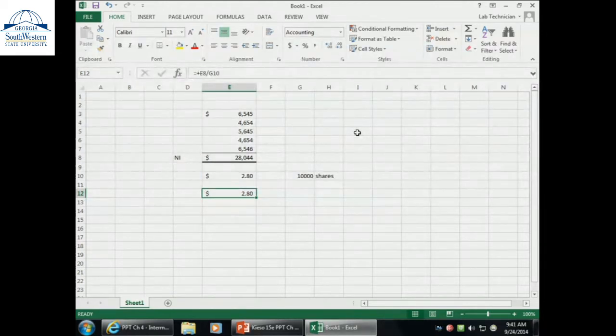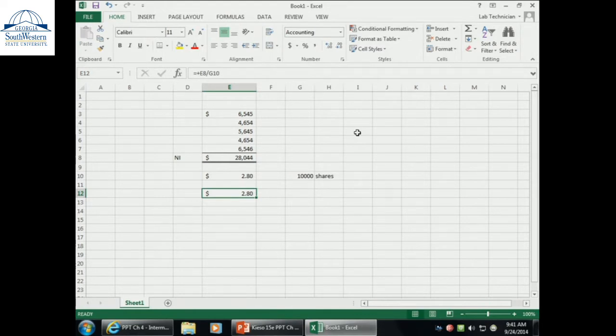But remember, we had that complication. The formula is a little bit more complicated than that because what we're talking about is earnings per common share, okay? So just assume that these 10,000 shares right here were our number of shares of common stock, okay? So to get to our earnings per share for common shares, we're going to take net income minus preferred dividends, okay?